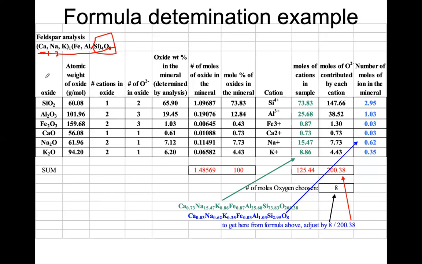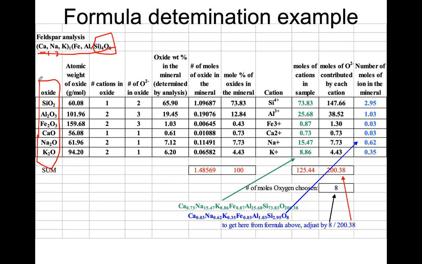Suppose some feldspars in a thin section were analyzed, and you have a composition of oxides. Usually, the machines give the oxide percentages, right? Of course, elemental percentages can also be taken, but for more precise representation, we prefer oxide percentages, because usually these cations are bonded with oxygen within the molecule.